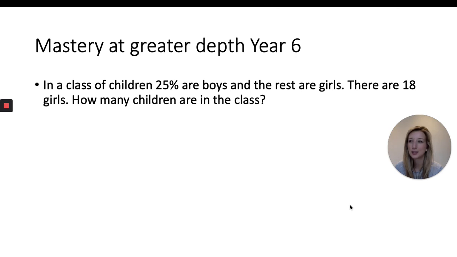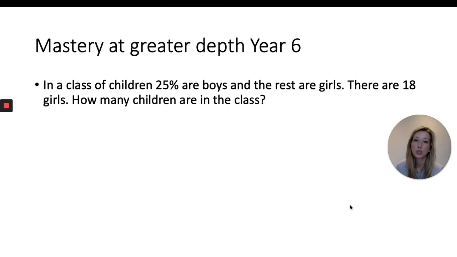Okay, how did you get on? So the way I would solve this is, because it says 25% are boys, then 75% must be the girls, and so 75% of girls is 18. So this is 3/4 of the overall amount. 18 divided by 3 is 6.